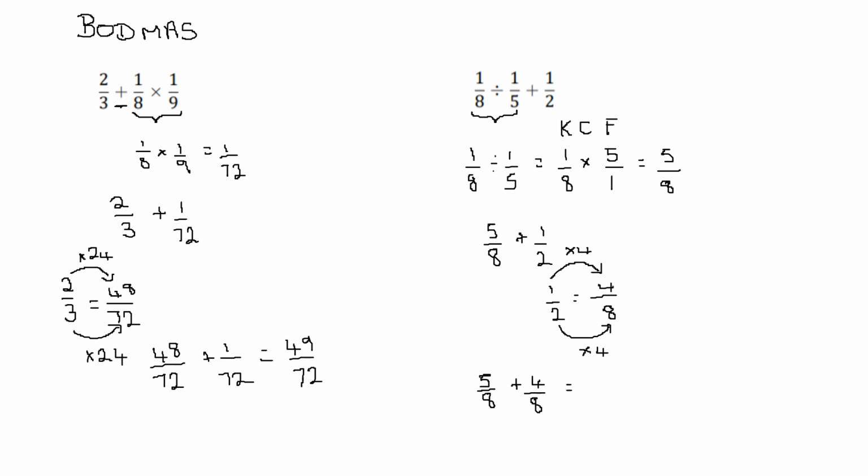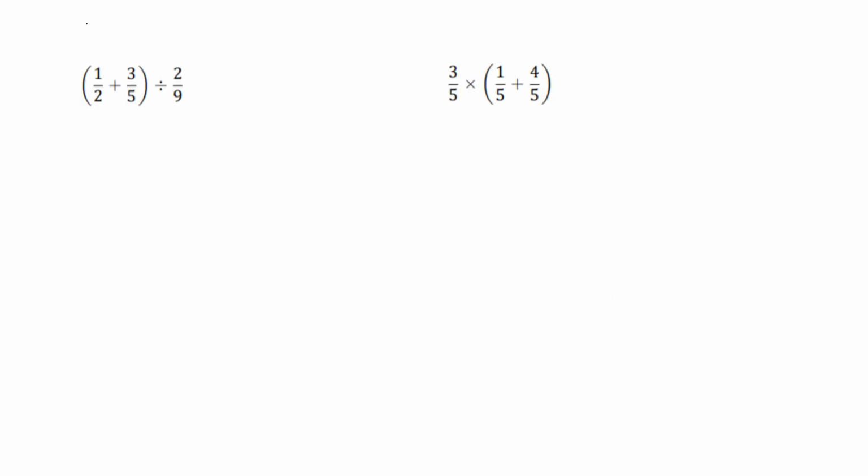That's going to give us 9/8. We need to express that as a mixed number because this is an improper fraction. The numerator is larger than the denominator. So I'm going to do 9 divided by 8, and that will give me 1, and my remainder is 1/8. So now let's have a look at a couple of problems that involve brackets.